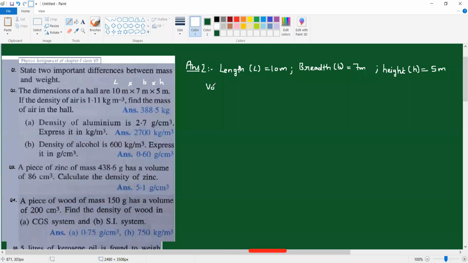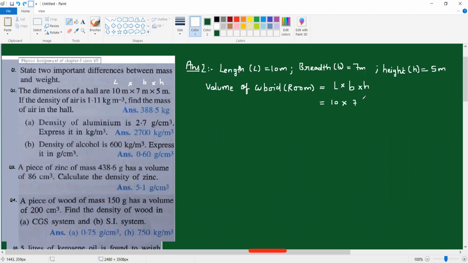Volume, this is a cuboid. The room is in the shape of a cuboid because dimensions are different. So volume of cuboid is, what is the volume of cuboid? Length into breadth into height.